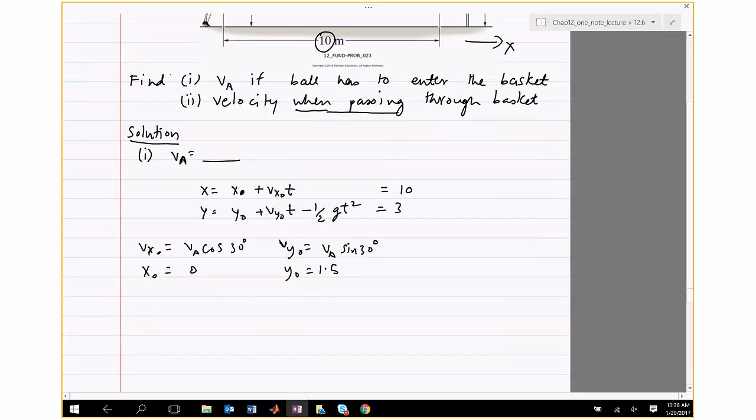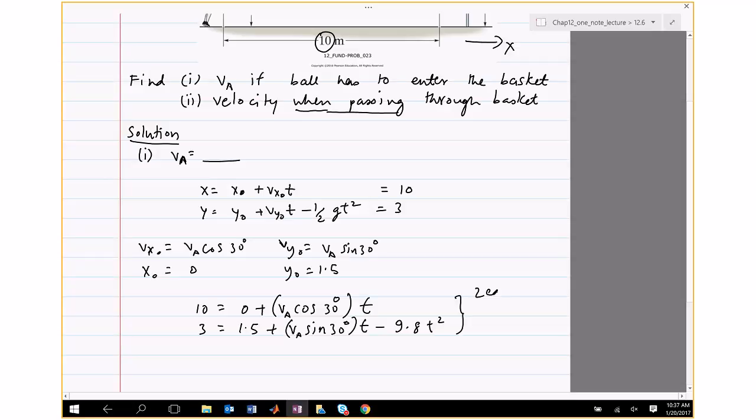So let's write this as 10 equals x0 plus vx0, which is VA cosine of 30 degrees times t, and the other equation is 3 equals, oh, I forgot the time, thank you. 3 equals y0, which is 1.5, plus VA sine of 30 degrees times t minus g, which is 9.8, divided by 2, so 9.8 t squared over 2. That's it.